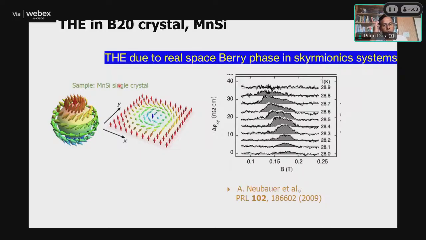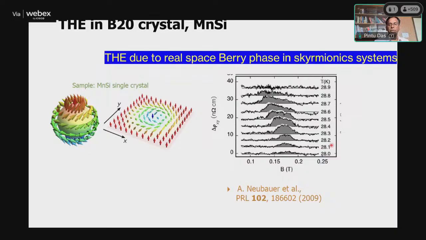So this topological Hall effect, we are calling it a real space Berry phase. This was first reported by this group in skyrmionic systems, which are block type skyrmions, observed in manganese silicide. You see that this system has skyrmions in a very small temperature window between 28 to 29 Kelvin.